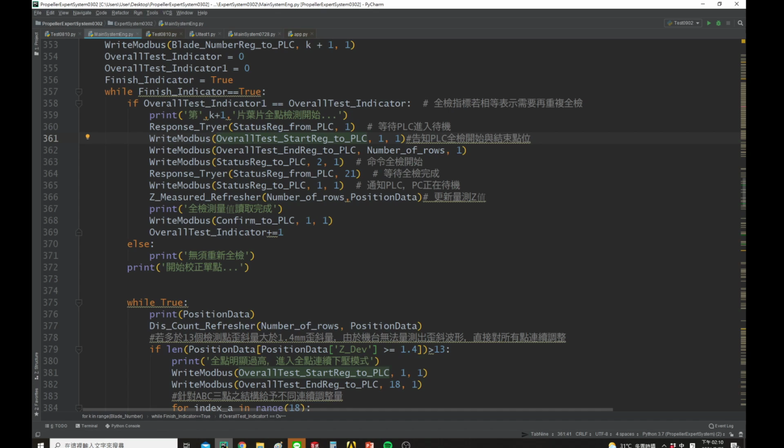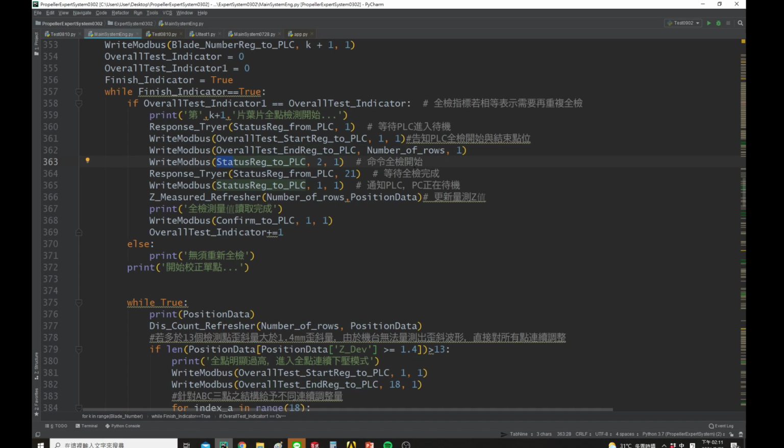I named these variables pretty clearly, for the overall test starting point and the overall test ending point.